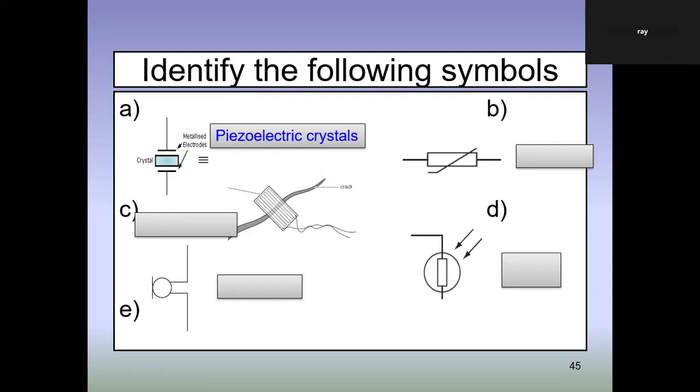B is what? This one, B, you study in A2. Thermistor. C, strain gauge. D, LDR, light dependent resistor.